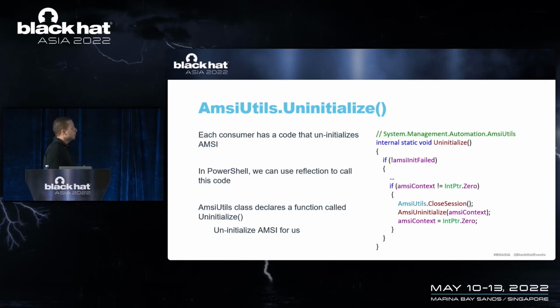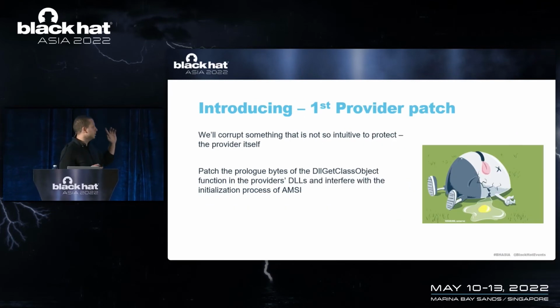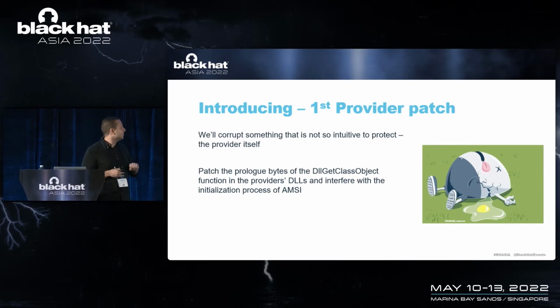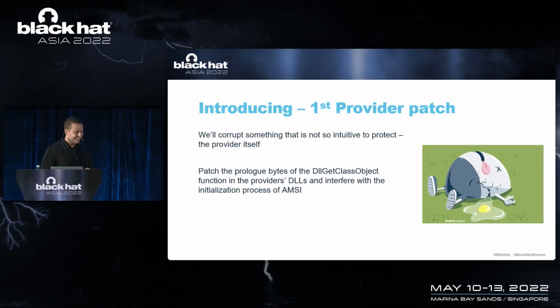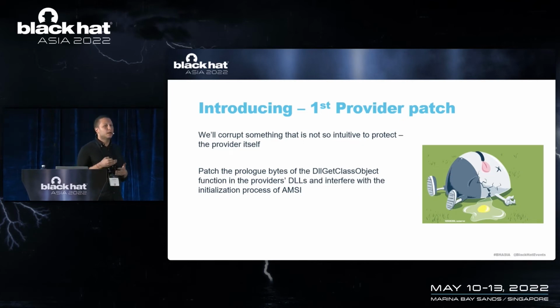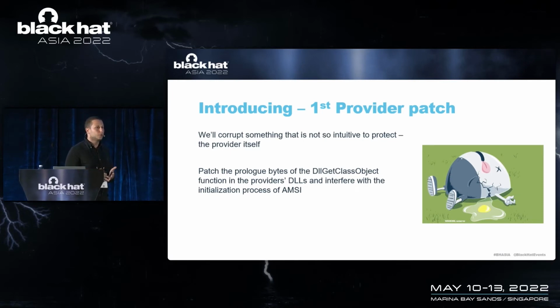So what we can do is take a better look at the consumer. First of all, it isn't mentioned here because the slide is missing. But if we take a look at the exports of AMSI, we can see a function named AmsiUninitialize that receives a parameter, the AMSI context.